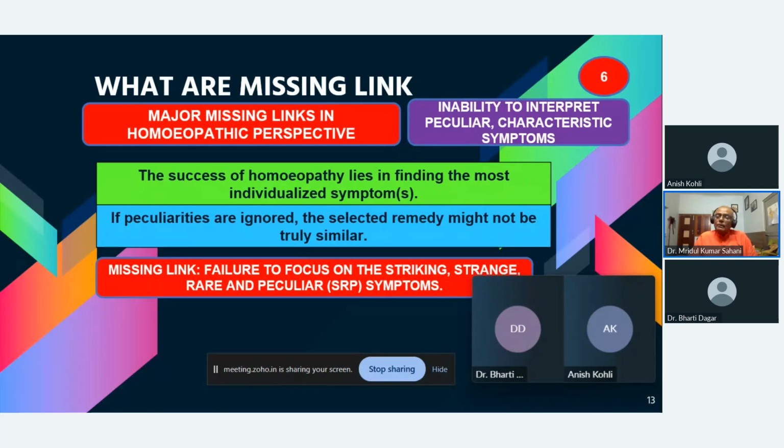Because in the family, no one has that much liking. If the entire family are sweet lovers, then it is not a peculiarity; it is a common symptom. This is what we have to understand. So if peculiarities are ignored, the selected remedy may not be truly similar. So focus on the striking, singular symptoms. That is called PQRS symptoms, which is very important also.